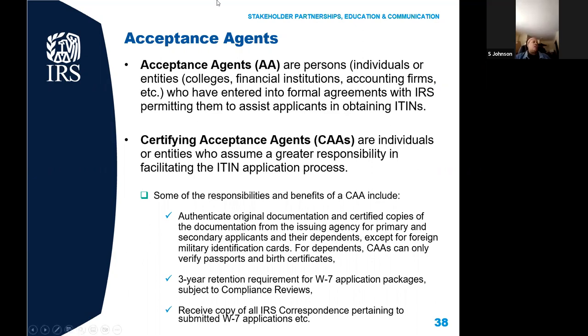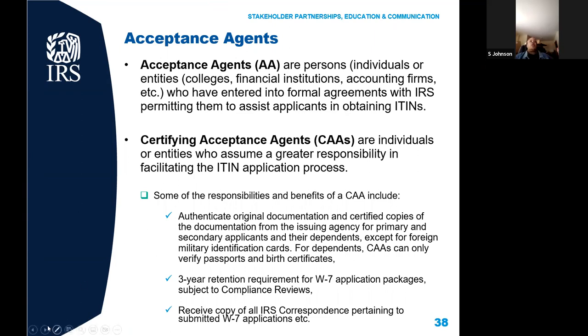That means you've gone to a VITA site and they help do returns, and they also assist with W-7 and the ITIN applications. They have the same guidelines, but one, they cannot charge a fee. Okay.